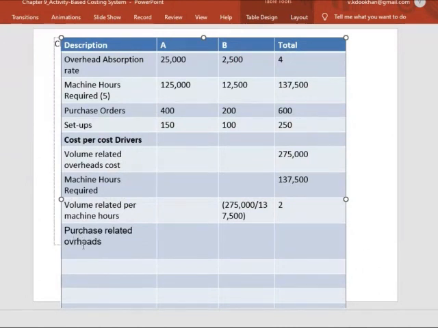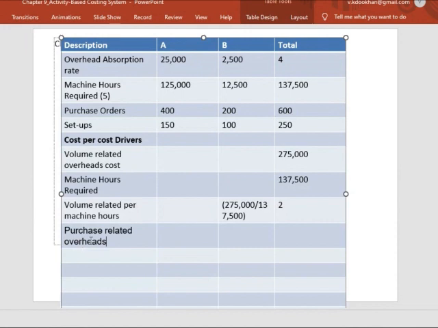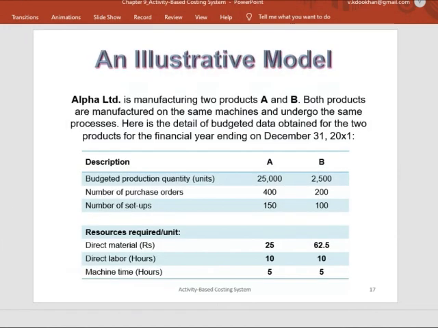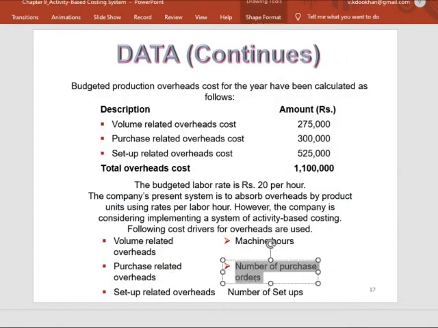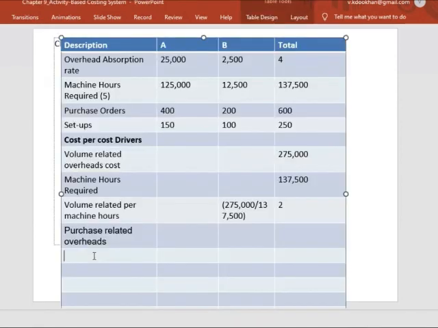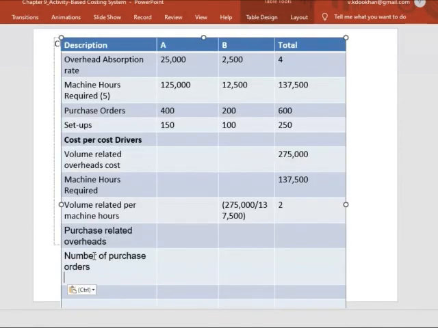Purchase related overhead, and this one is based on number of orders. Okay, purchase orders. So that makes it easier.